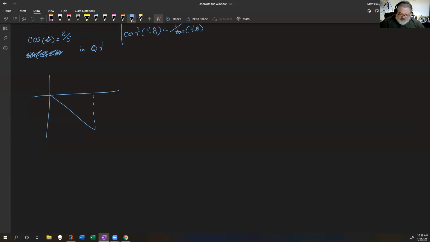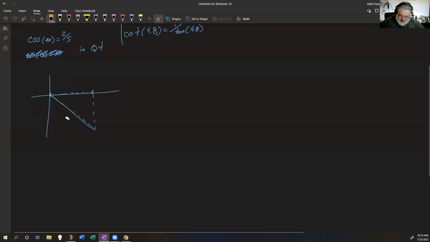So if the cosine is equal to 2/5, that tells us the ratio between the x value and the radial value, or in terms of our triangles, the ratio between the adjacent and hypotenuse. Now, we could put this on the unit circle and say that's 2/5 on that side, and that's a 1 on that side, if we wanted to.